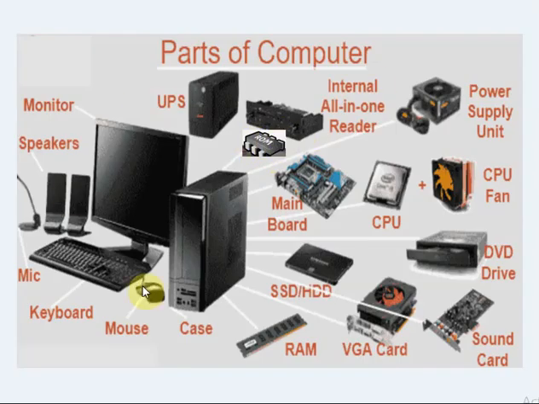Hardware, I mean all these devices, tangible, right? You can see and touch. Software, a set of instructions or programs to fulfill certain tasks. Let's say you want to type a letter, you will be using word software, right?